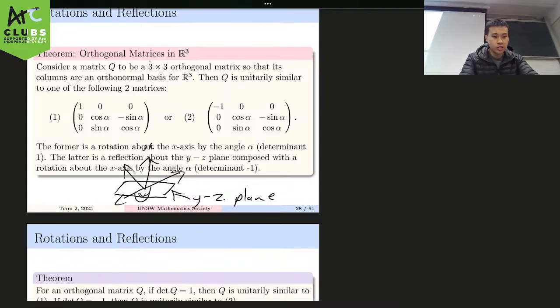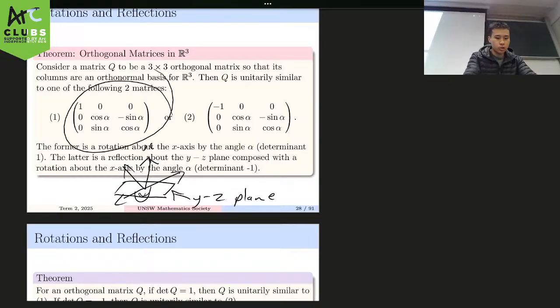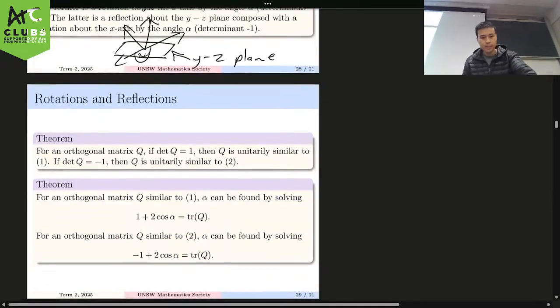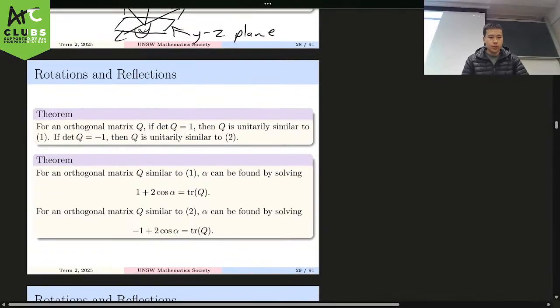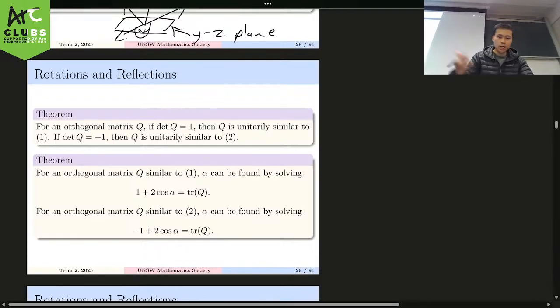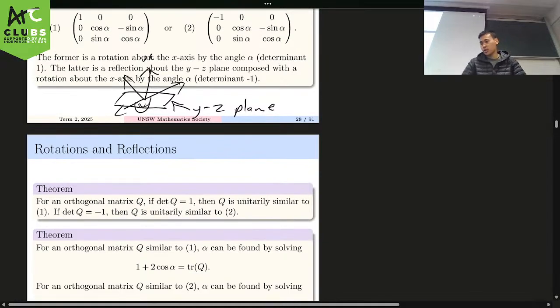Also, the determinant here is 1, and the determinant here is -1. So if you calculate your determinant, and it's orthogonal, you can deduce what it's going to do: rotate, or also reflect. It's similar to that first case, and similar for the negative case.